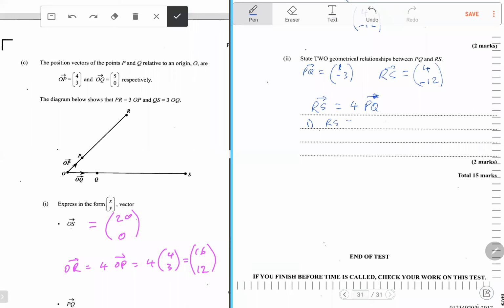RS is parallel to PQ. And the second thing is the relationship of the length. RS is 4 times PQ in length.